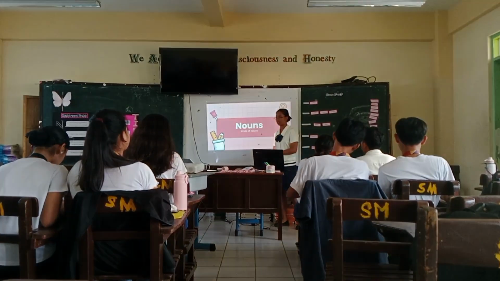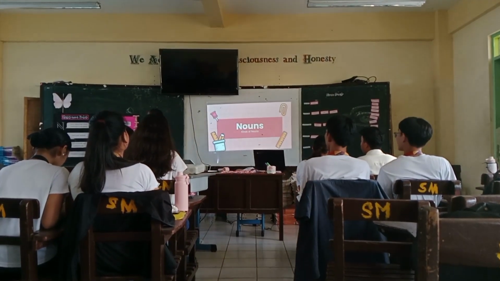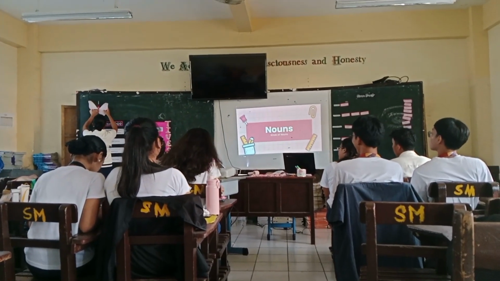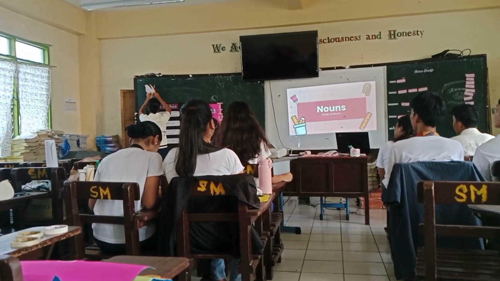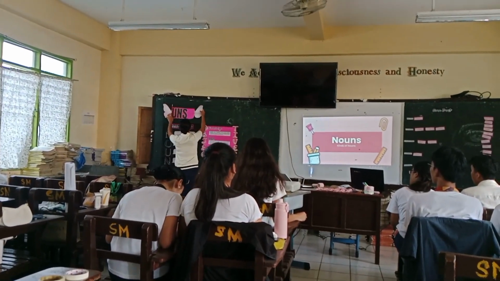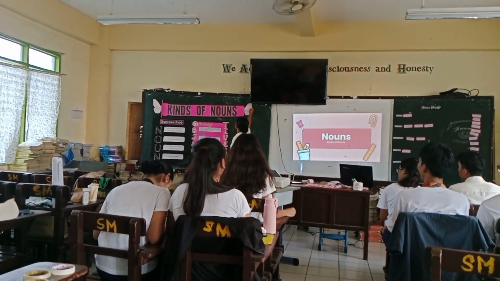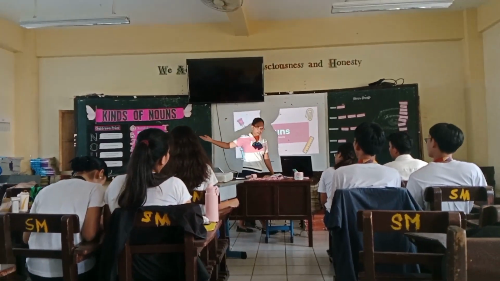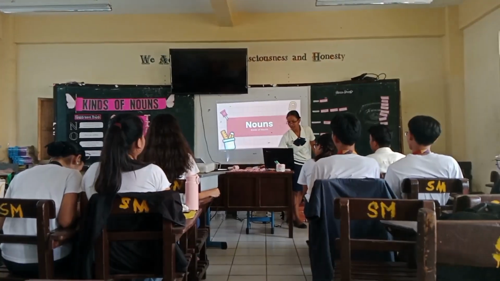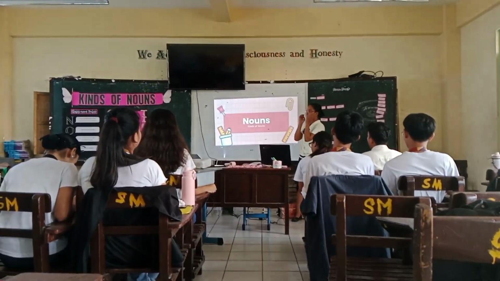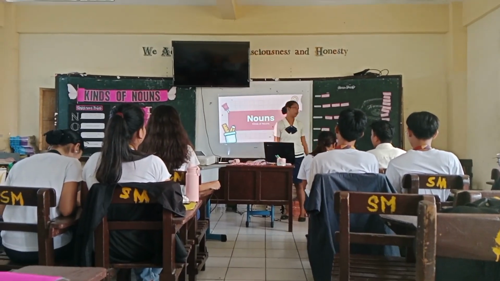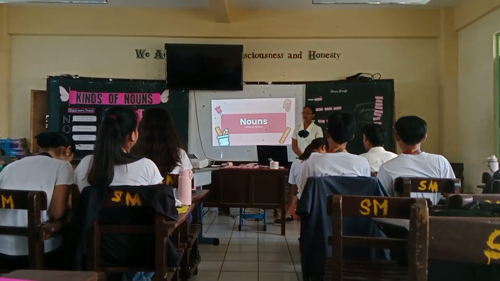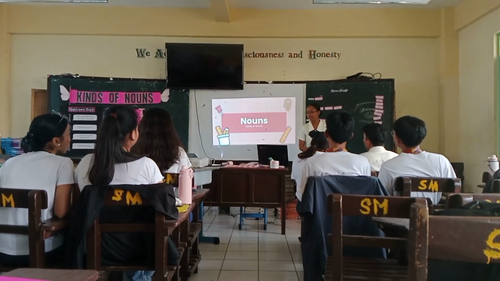Now that we have introduced our topic for today, our topic is Kinds of Noun. You might be wondering why we need to understand the different types of noun if you already know what a noun is. Understanding the kinds of noun helps us express ourselves more clearly and more accurately.